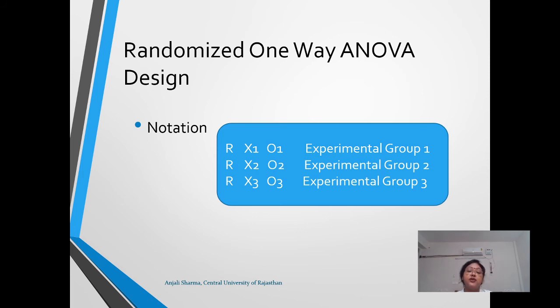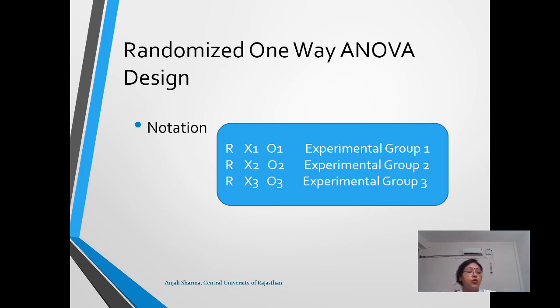So these three kinds of experimental treatments are there, and we will select three randomized groups. In every group we will give one particular kind of treatment: the internet only, the cartoon channel, and the video game. And accordingly we will administer our achievement test or any other variable that you have decided, like thinking ability.